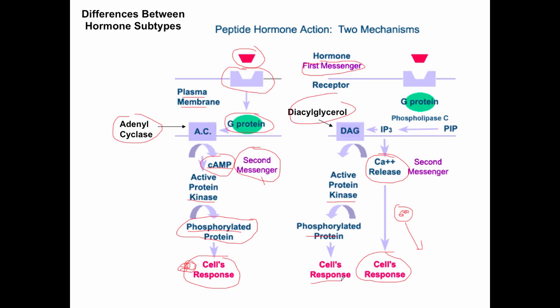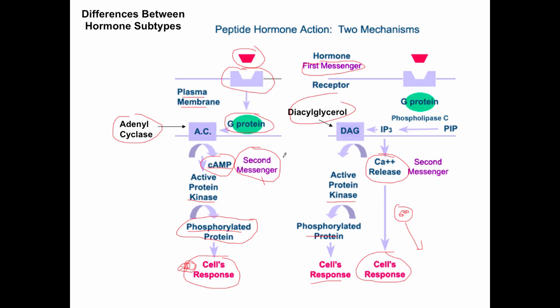Okay? So don't get too bogged down in this, okay? So the most important thing to keep in mind when it comes to this concept of a second messenger is that the hormone is the first messenger, the cyclic AMP or intracellular calcium are the two second messenger systems, okay?